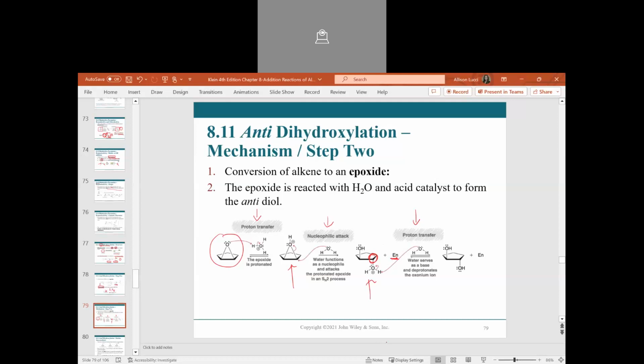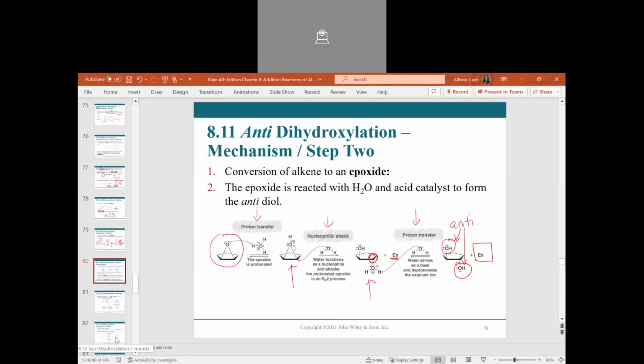This is our oxonium ion that results here. We'll deprotonate that, and then we see this addition in the anti-fashion for two hydroxyl groups. So we call this anti-dihydroxylation. And of course, the product will always have its pair, its enantiomer.